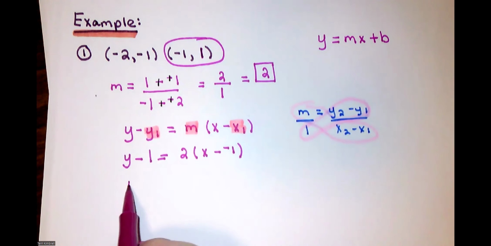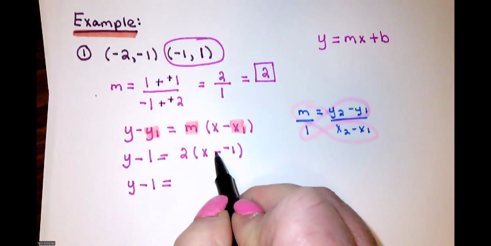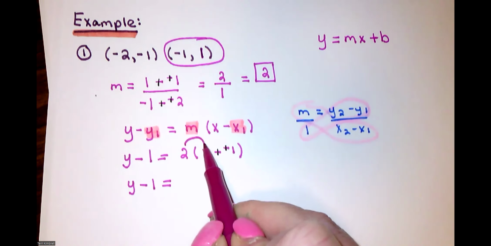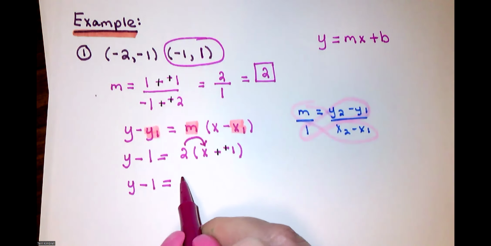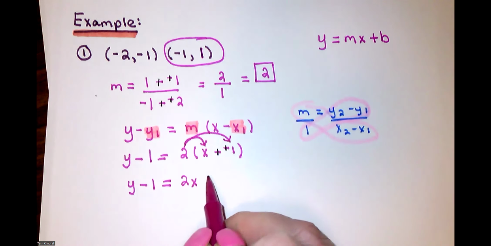So now we're going to bring down the y minus 1. Now, before you distribute, if you see the two negatives beside each other, make sure you fix that. 2 times x is 2x. 2 times 1 is 2.